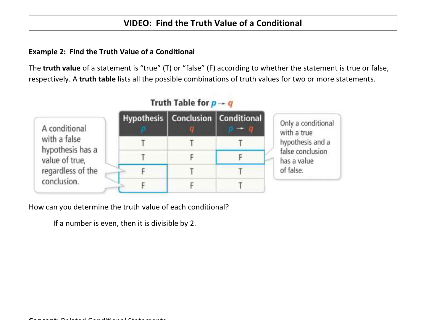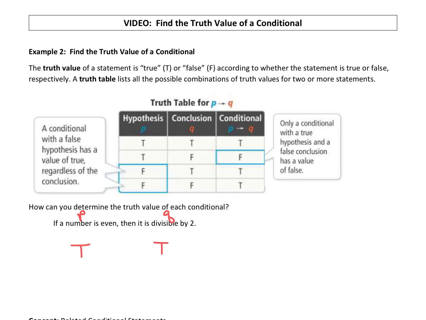Okay, how can you determine the truth value of each conditional? So here's our conditional. If a number is even, then it is divisible by 2. So if a number is even, that's our hypothesis, P. It is divisible by 2 is Q. So do we think this is true or false? So let's say you have an even number. So true, we're working with even numbers. Is it divisible by 2?